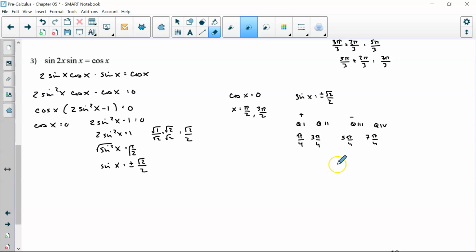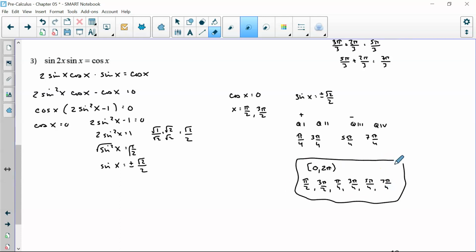So for our solutions from 0 to 2 pi in that first unit circle: pi over 2, 3 pi over 2, pi over 4, 3 pi over 4, 5 pi over 4, 7 pi over 4. Those are our solutions in the first unit circle.